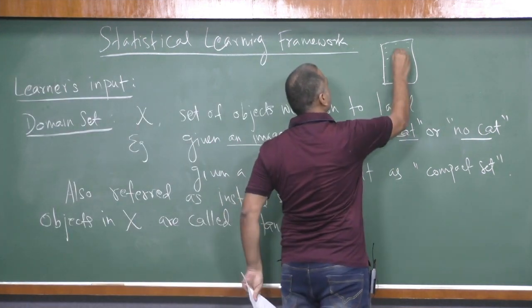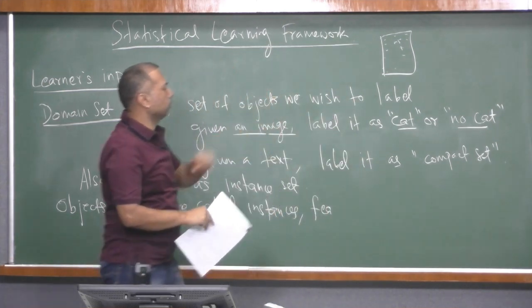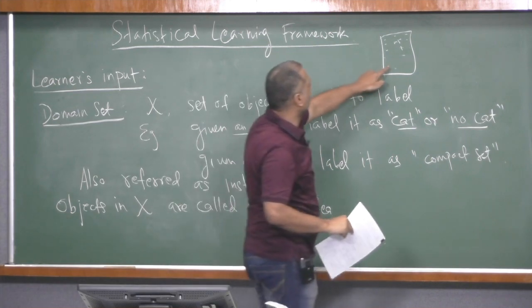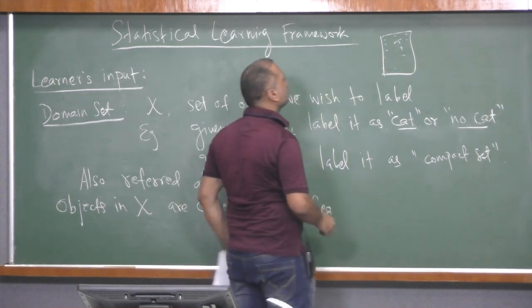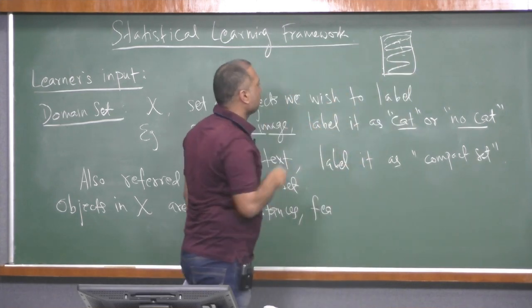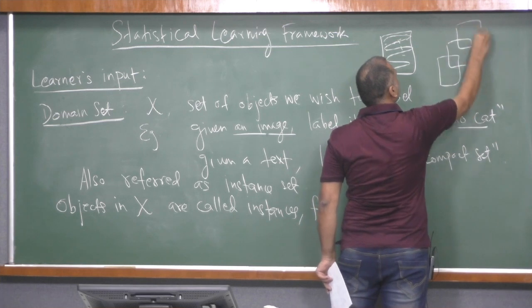We can say it's 0.5, or 1, or something like that, depending on how we have these pixel values.